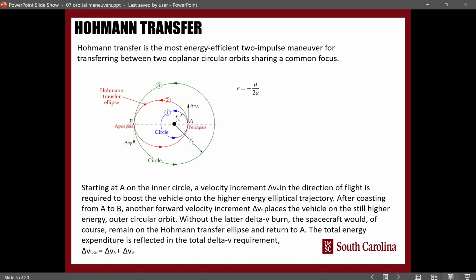So the first jump point of the transfer orbit is at the periapsis of the transfer orbit, and the second jump location is at the apoapsis of the target orbit. This kind of transfer is called the Hohmann transfer. This is the most efficient type of transfer.